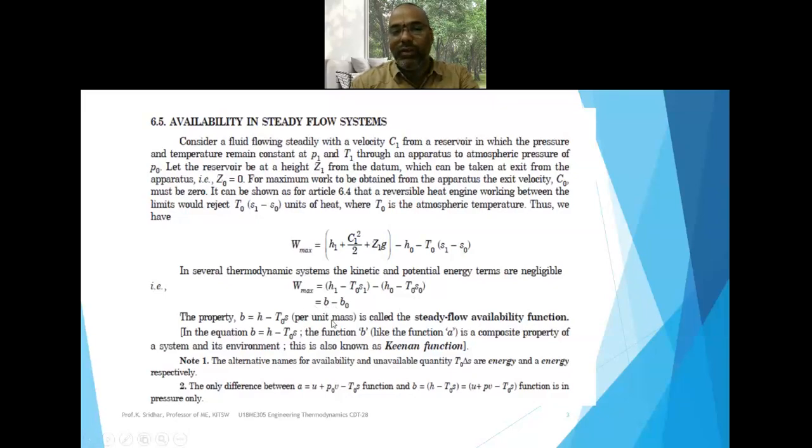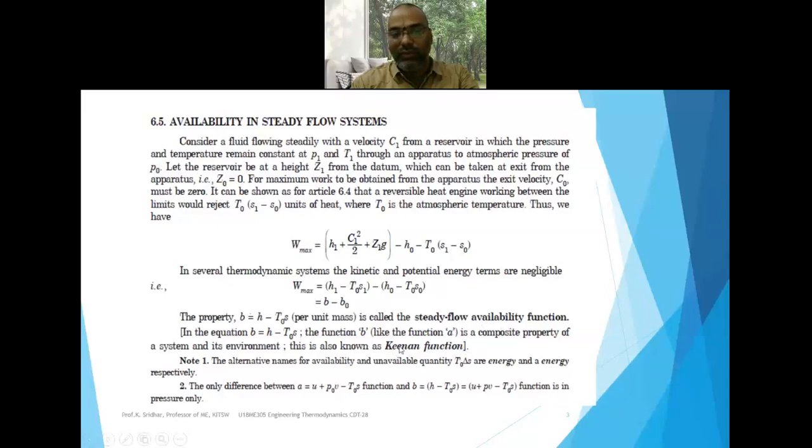So in the examination, they may ask you to derive the steady flow availability function. Instead of asking for availability in a steady flow process, they can ask the question in another manner, that is, derive the steady flow availability function. What we mean by the steady flow availability function is H minus T naught into S, that is known as B. This particular B is known as the steady flow availability function, which is also known as the Keenan function.